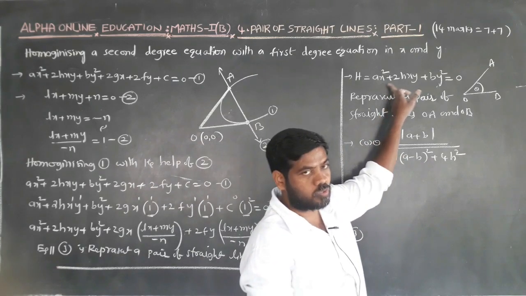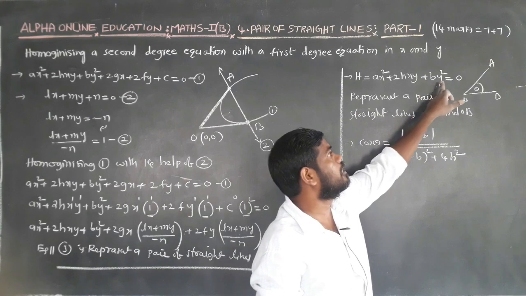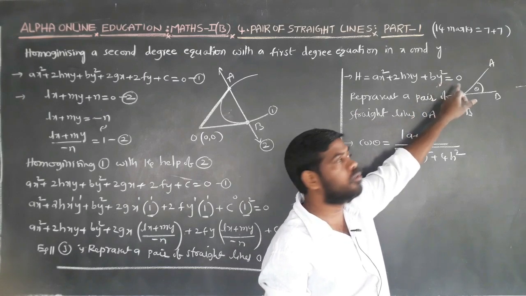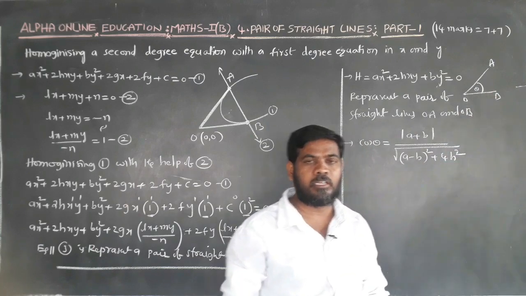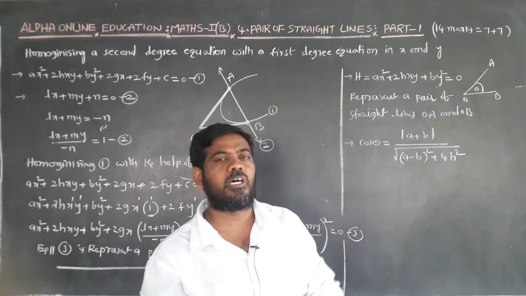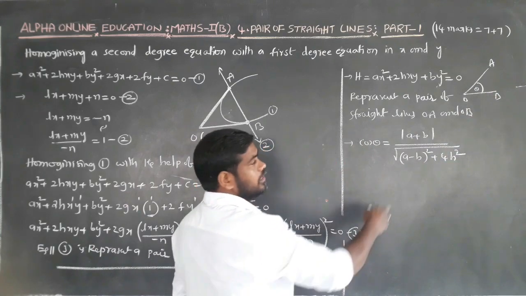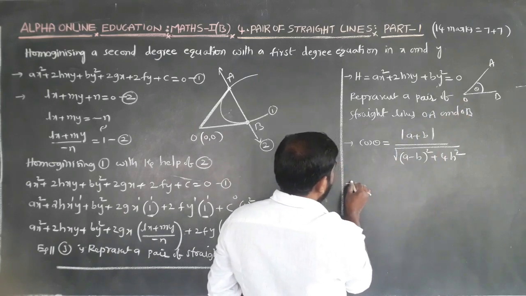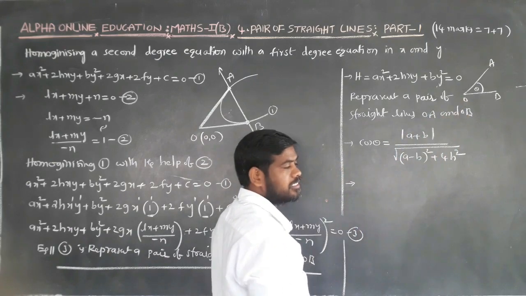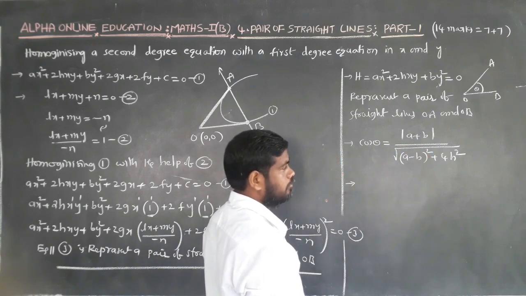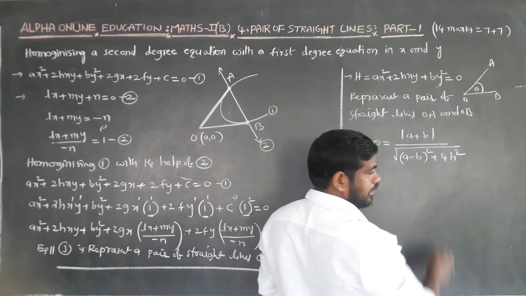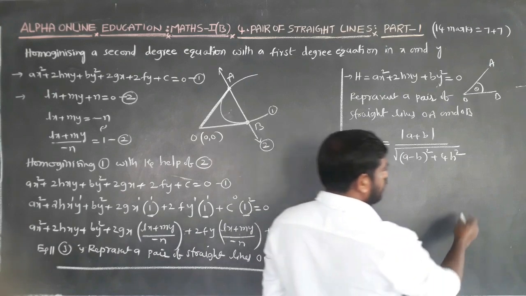If ax square plus 2hxy plus by square equal to 0 represents a pair of straight lines OA and OB passing through the origin, and theta is the angle between the two lines, then cos theta is equal to mod of a plus b by under root of a minus b whole square plus 4h square.